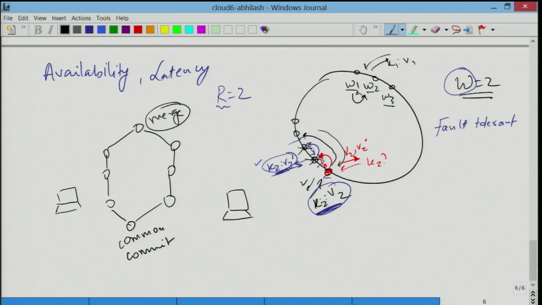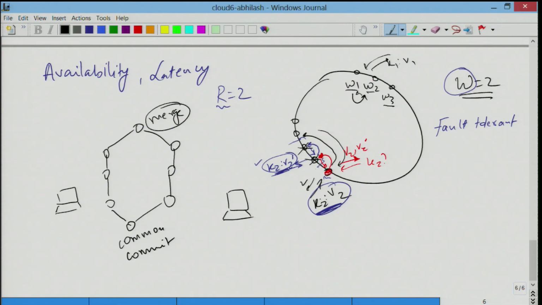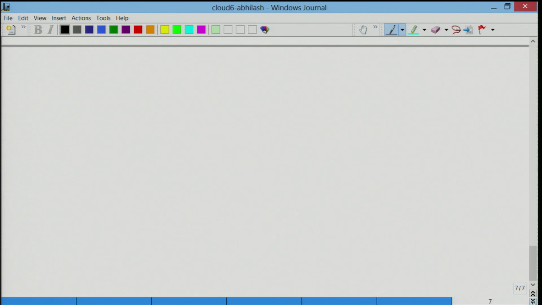You cannot suddenly ask an engineer what is the shopping cart of this person, how to deal with that. So let us first see how this particular commit graph or version history is maintained in Dynamo, and then we will come back to that question on how to merge.